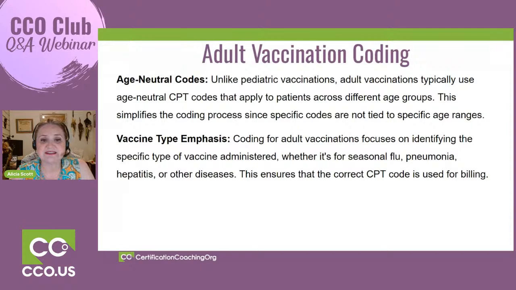Also, the vaccine type is the emphasis with adult vaccination. So, what are you giving them? Most of the time, we're going to be looking at things like flu shots. The seasonal flu shots are different. So 1 year you're getting a combination of flu shots, which will have a name that the nurse will put down when she gives the injection.